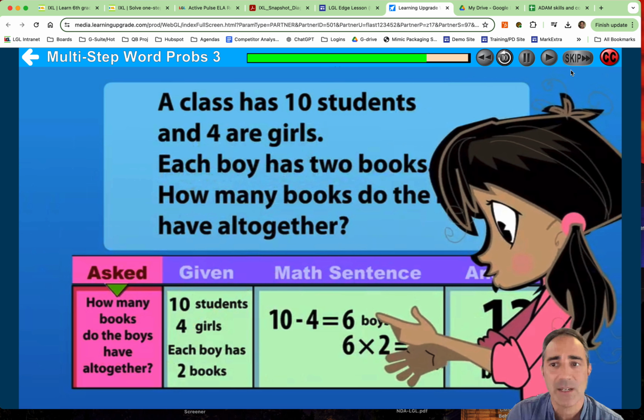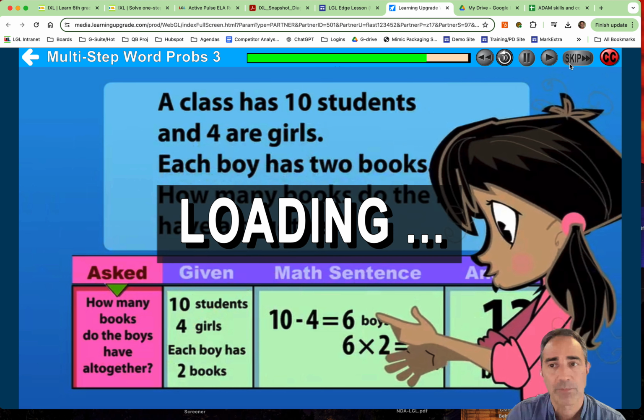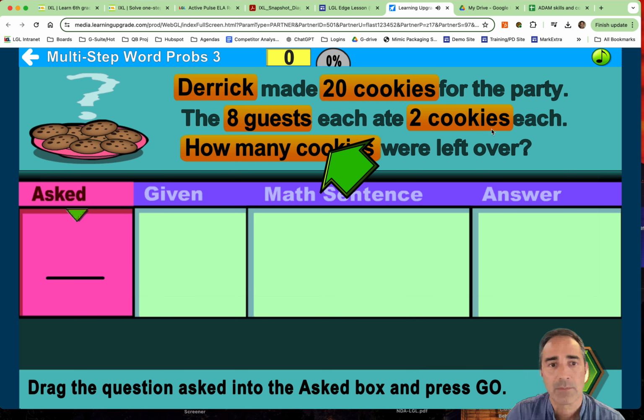The next piece here, which I think is very different, is that IXL is just going to throw them into problems and have them try to figure it out. But our program actually steps you through it. First, find out what is asked, the question. Drag the question into the asked box in the table and press go.